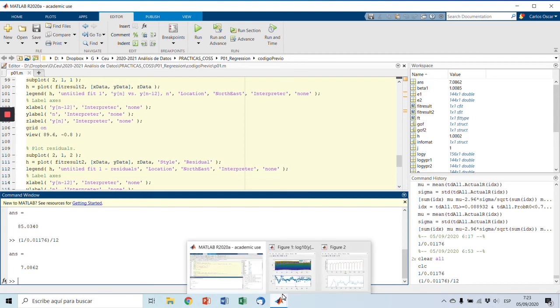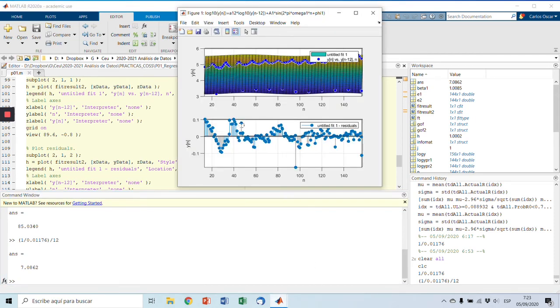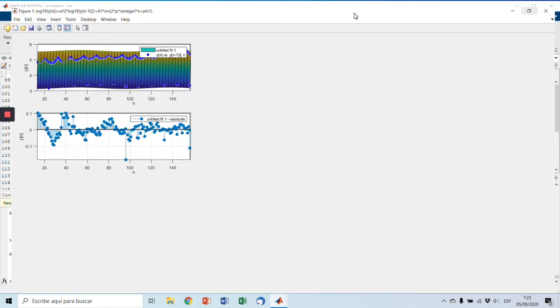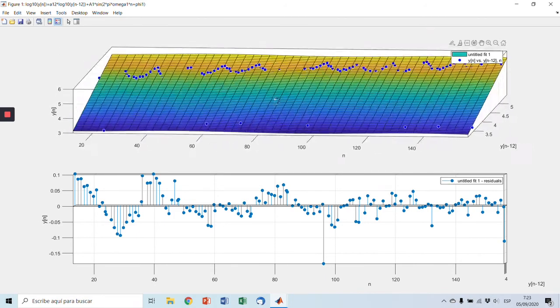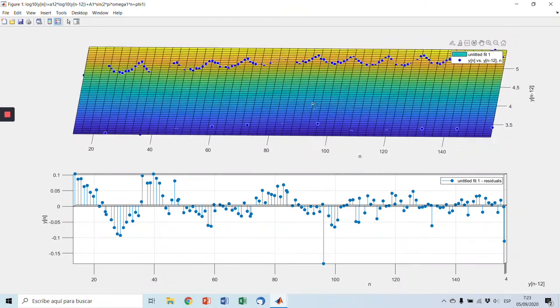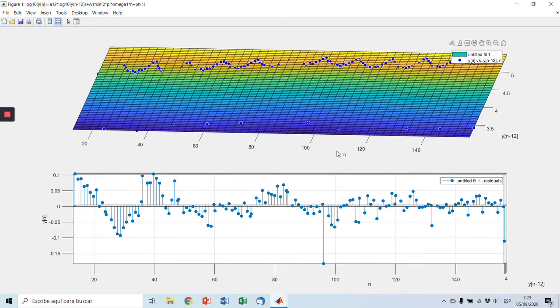Then what else? Yeah, we can look at the residuals, the predictions. We can see actually the predictions, you may remember, it is a function of the month. This was in the sinusoid, and it was also a function of what happened 12 months ago.